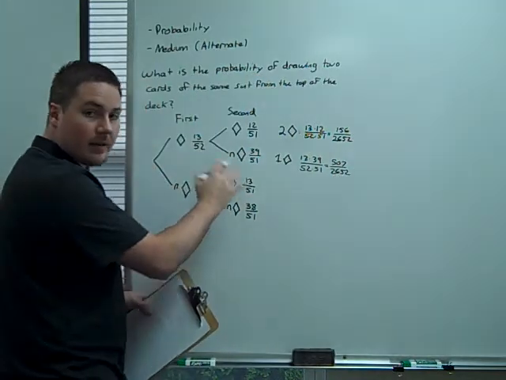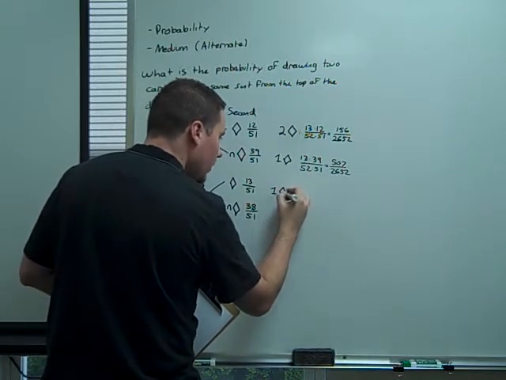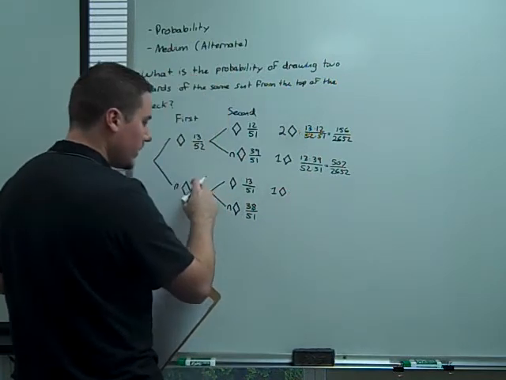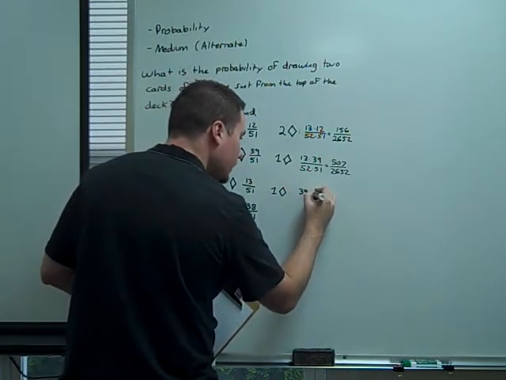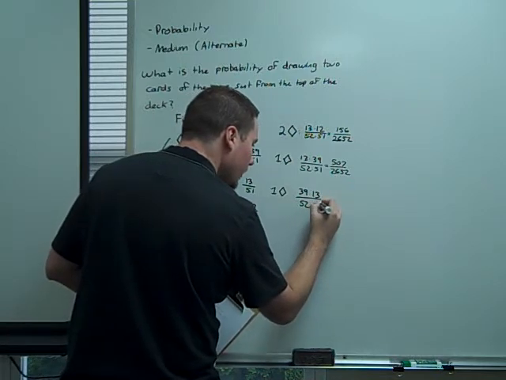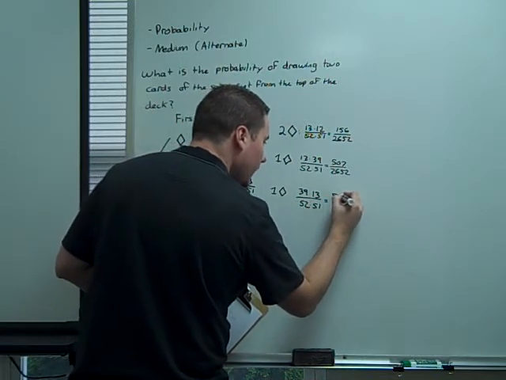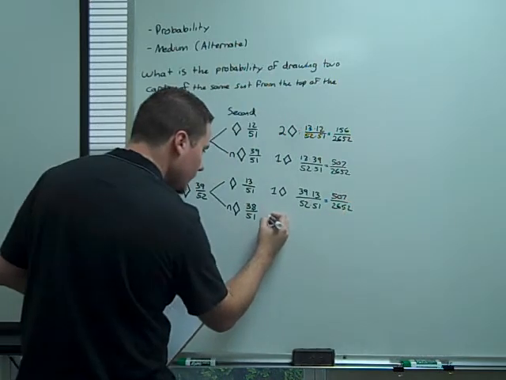Here we have a non-diamond and a diamond. That's a 1 diamond occurrence, which is 39 times 13. Same thing as before, which is equal to 507 over 2652. I'll be calculating these in a moment.